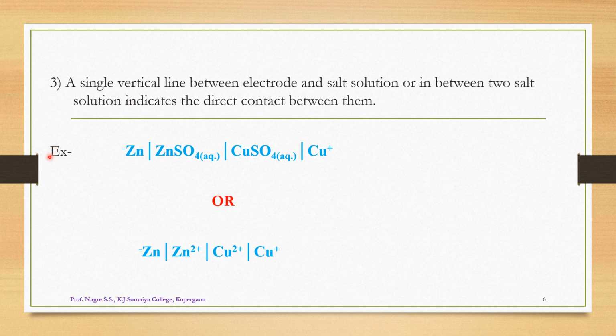Let us see a simple example. If we take here a zinc metal rod or metal strip immersed in aqueous solution of zinc sulfate, we have to use here a single vertical line. It indicates the direct contact between this metal rod and the aqueous solution of its particular salt.